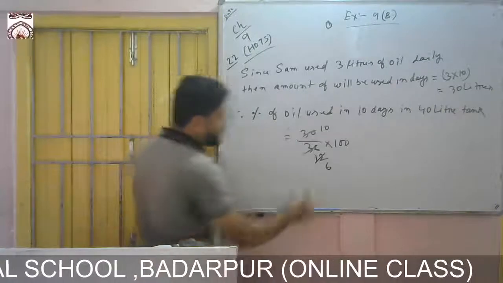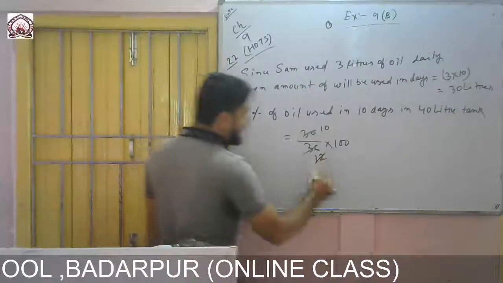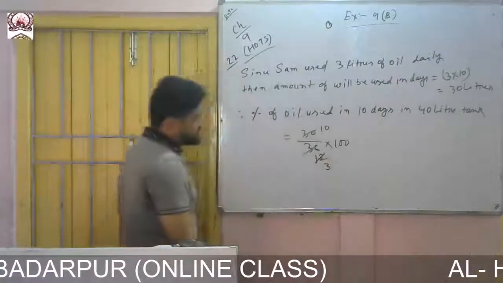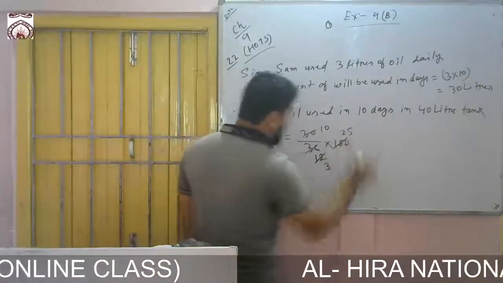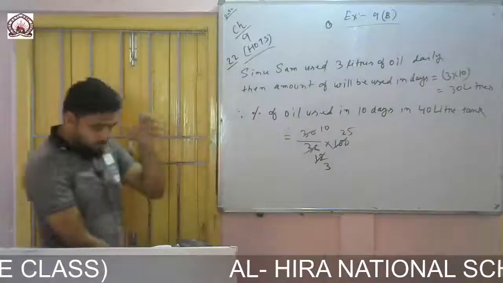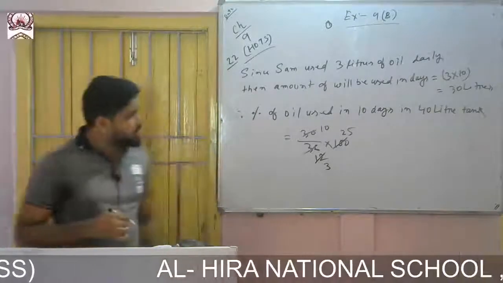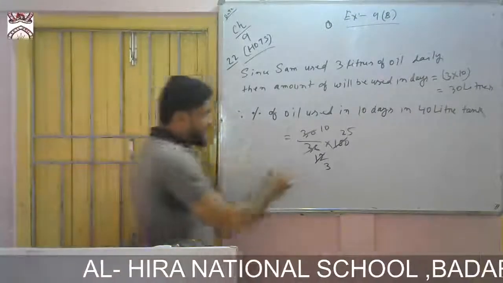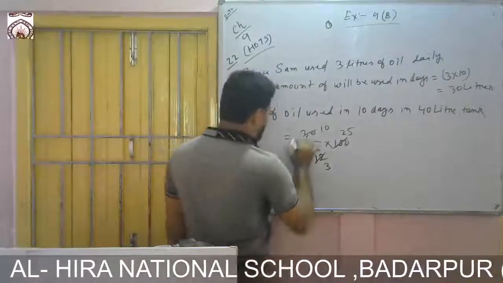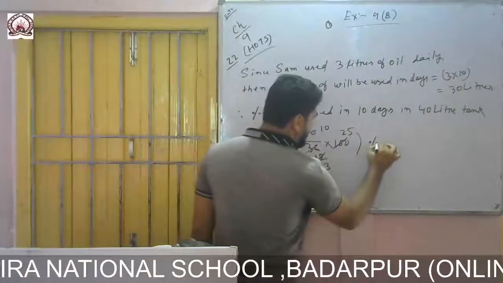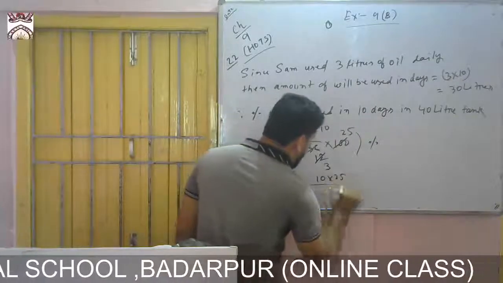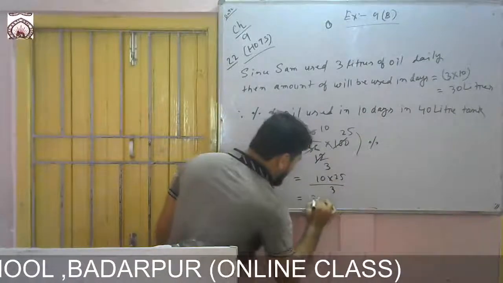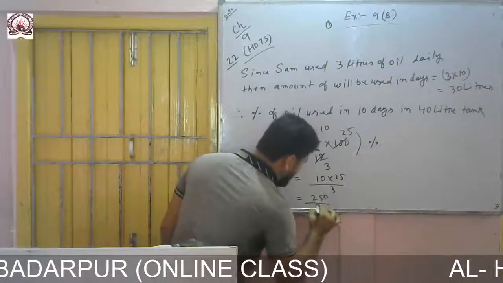Or with 4 you can cancel. 4 threes are 12 and 4 twenty-fives are 100. Now what remains is 10 into 25 by 3, which is 250 by 3.